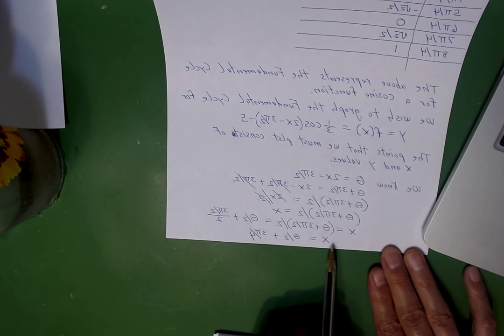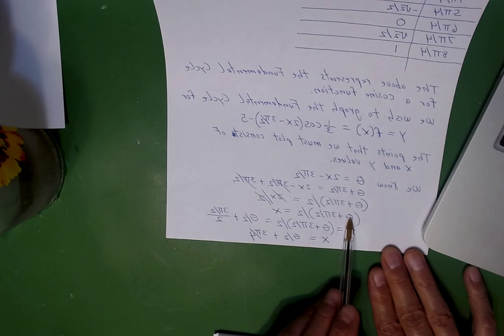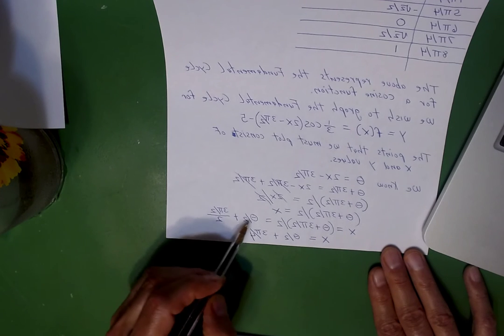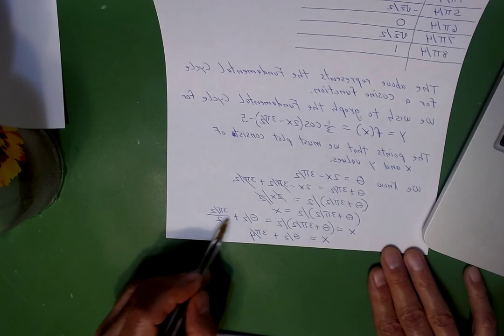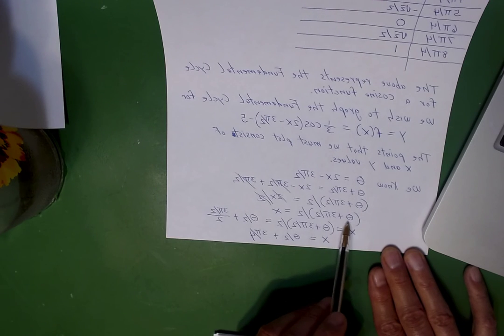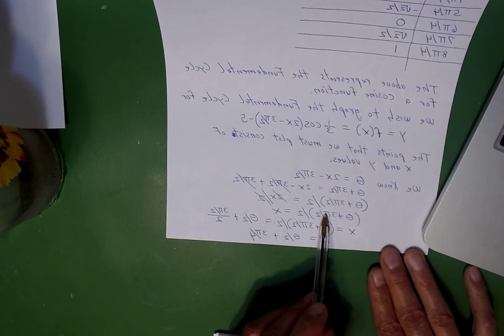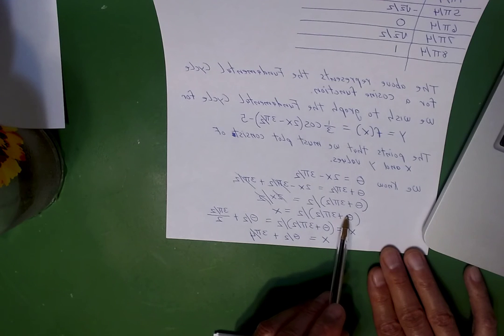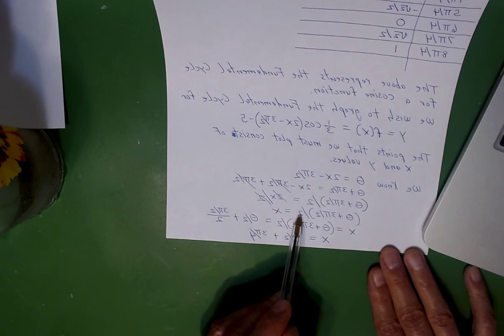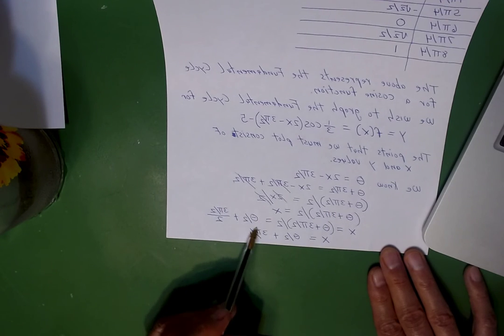So this would be theta over 2 plus 3 pi over 2 over 2. So all we did was separate this. We've got this is equal to theta over 2 plus 3 pi over 2, and that's all I did here, okay?